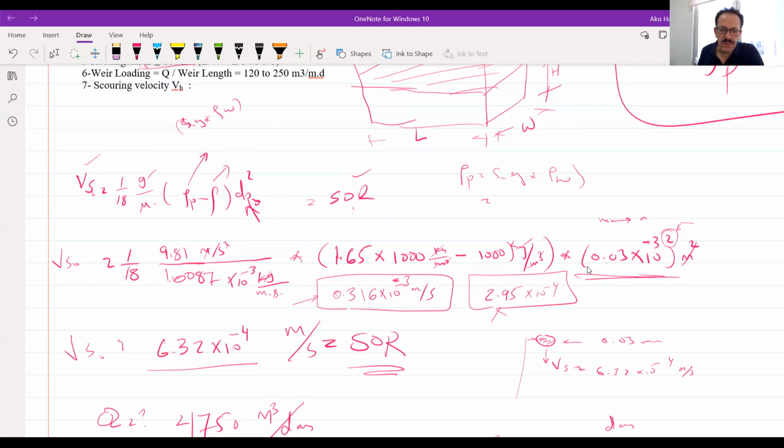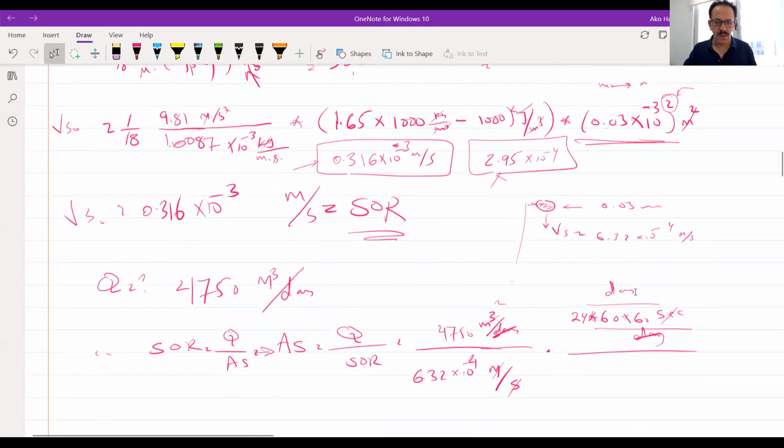You may just not have squared this one. So the answer is 0.316 times 10 to the power minus 3 meter per second.